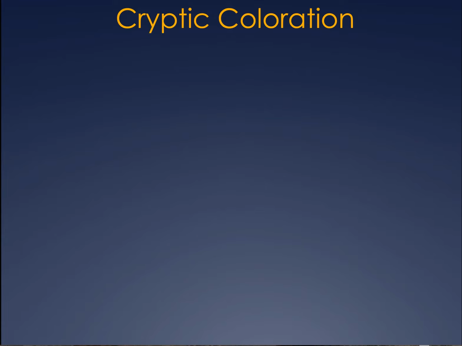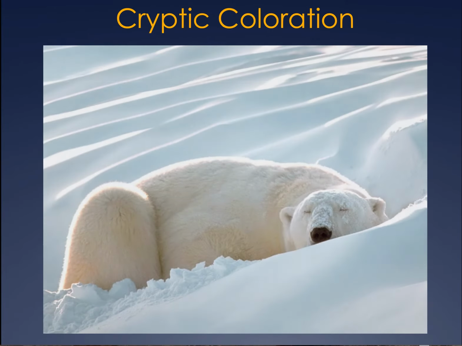Think instead of when another animal is farther back at a distance, perhaps a bird in the sky or another critter walking around at a great distance. Realize that these things tend to blend in at sometimes a greater distance than we're looking at them in these photographs. So here's a polar bear blending in.